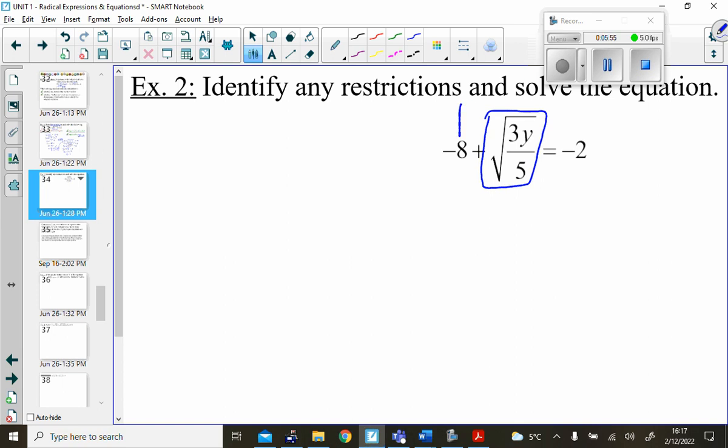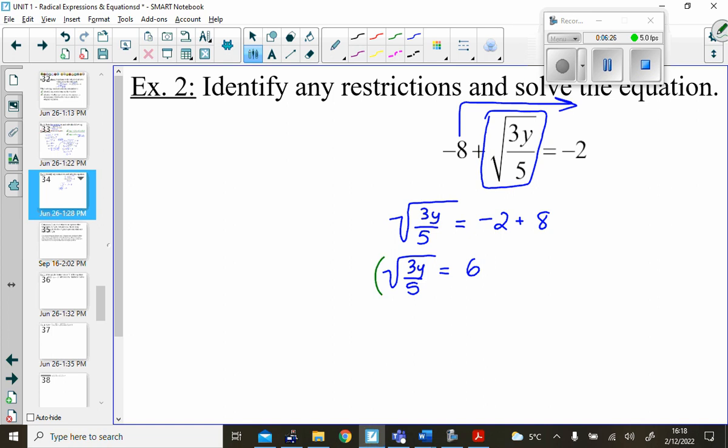So you take the thing that's with it to the other side, and then it's isolated. So we will leave 3y divided by 5 here. Take the negative 8 to the other side, and it becomes a plus 8. So we now have square root of 3y divided by 5 equals 6.